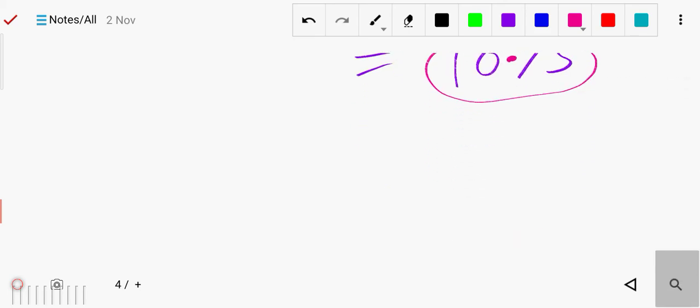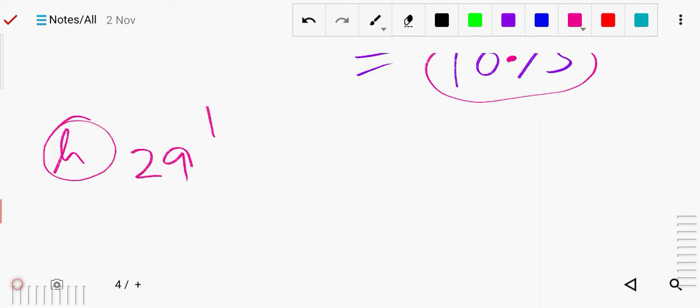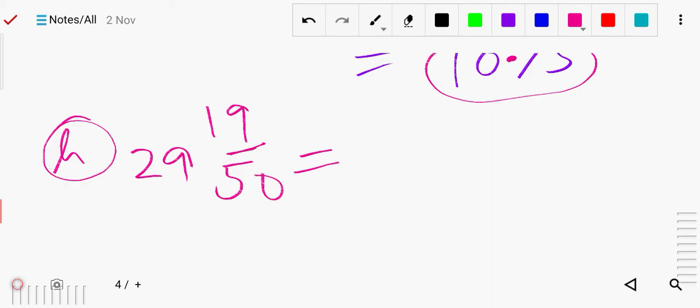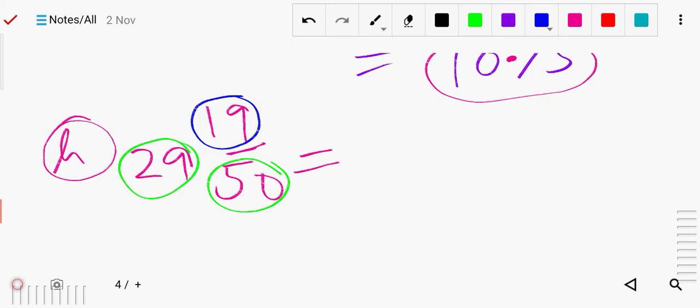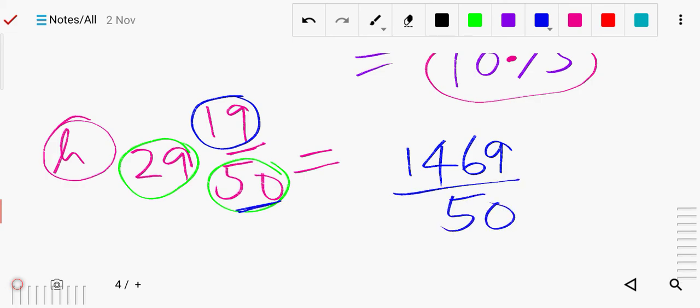Okay, one more question, number H, 29 and 19 by 50. So how will you solve it? You multiply 29 and 50 to get 1450, and add this 19, so it will be 1469. And the same 50 here, write 50.